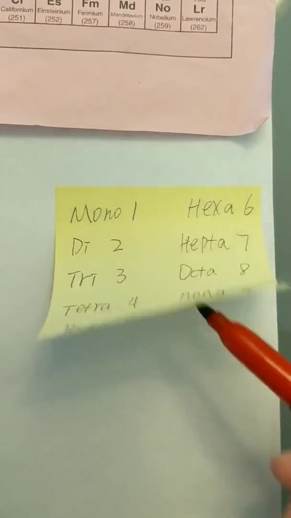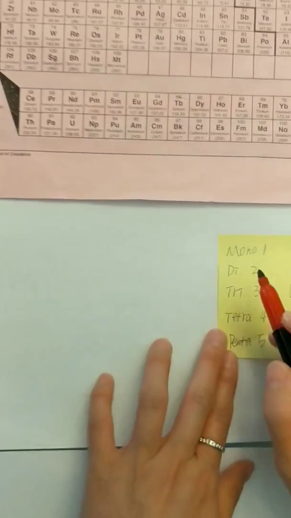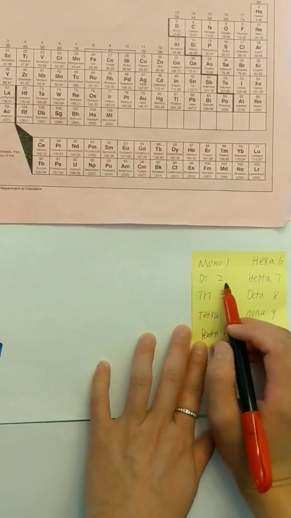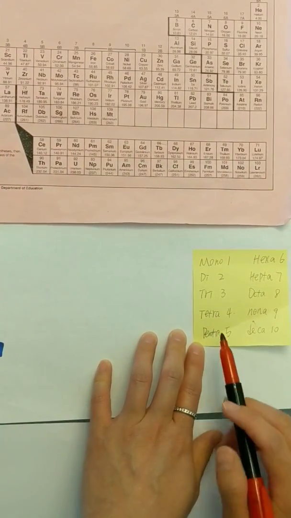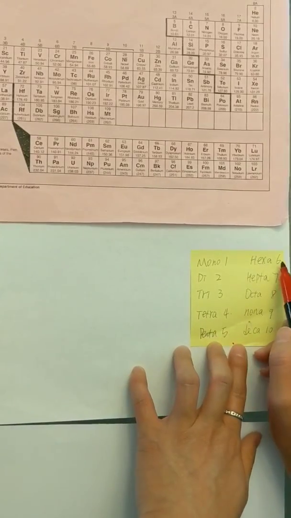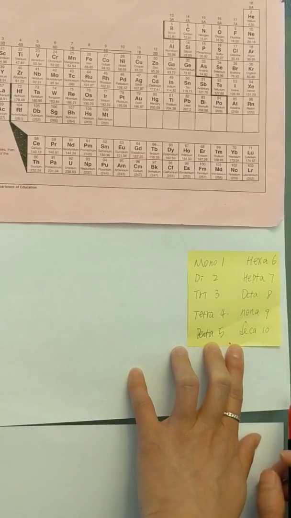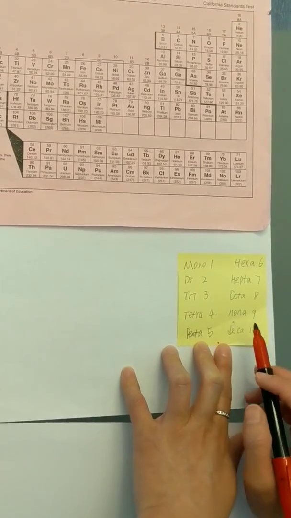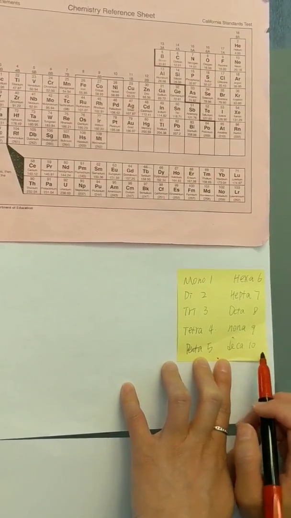This is the prefix. Mono means 1, di means 2, tri means 3, tetra means 4, penta means 5, hexa 6, hepta 7, octa 8, nona 9, deca is 10.